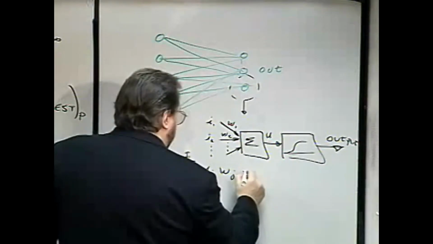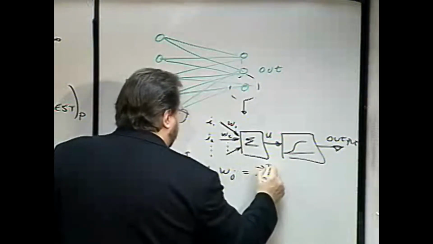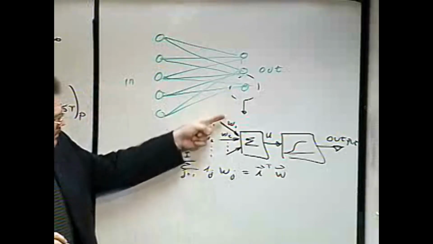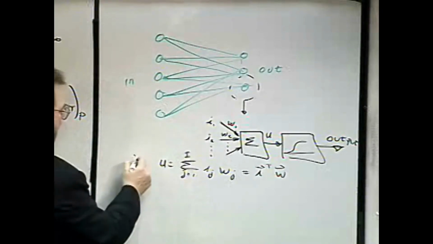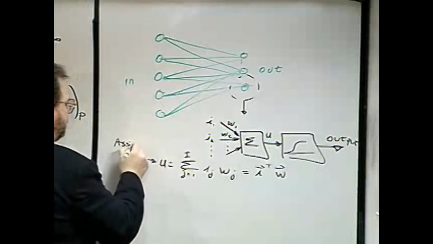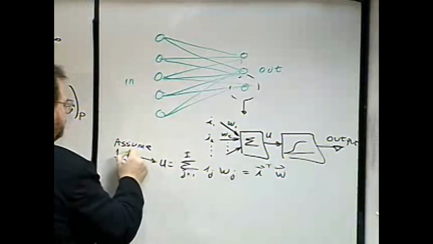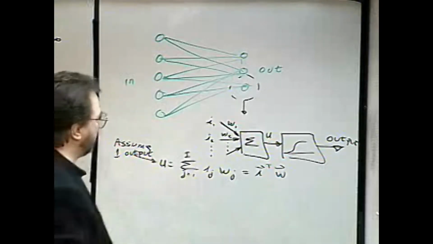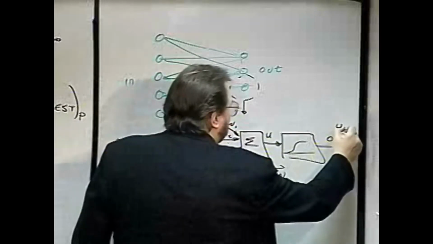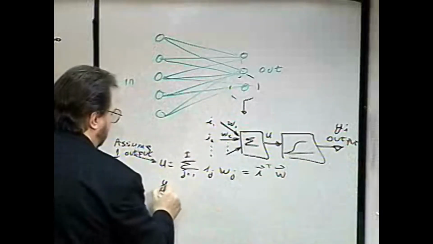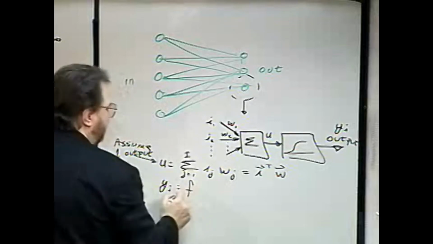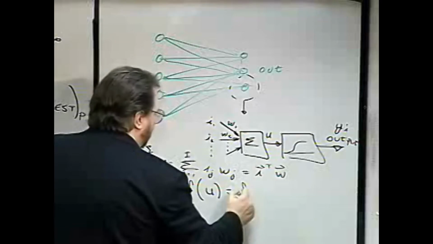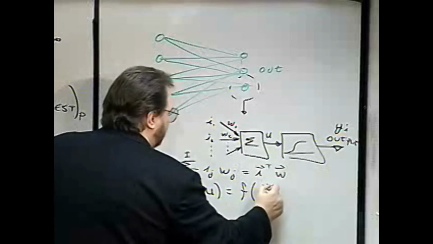Now, this can be written in vector notation as I transpose times W, since the W can just be written as a matrix, and we are just having a single output. Assume one output. And then the actual state of the neuron, which we're calling Y, is equal to the sigmoidal function operating on this U. So Y is equal to the function operating on I transpose times W.